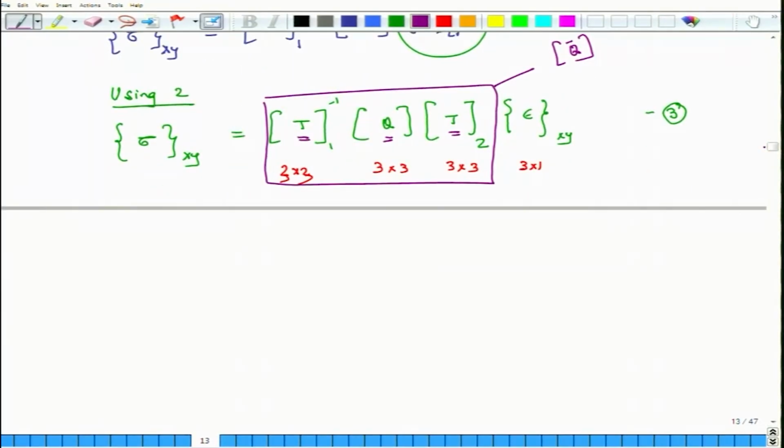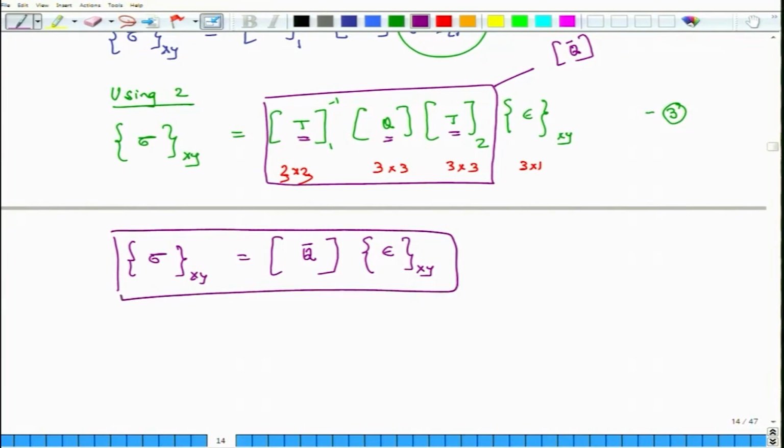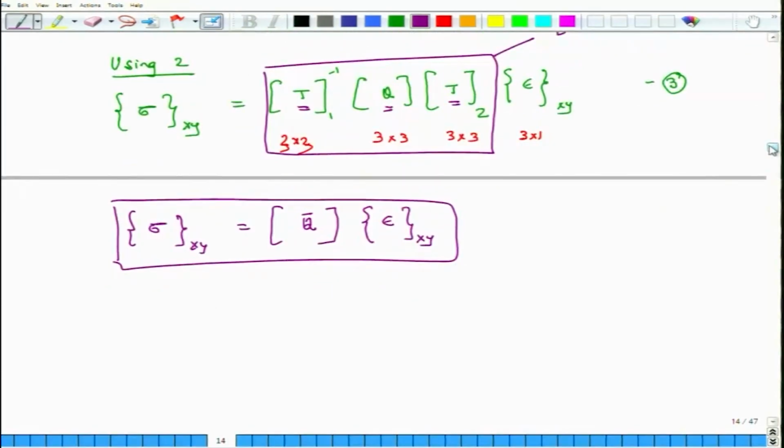So, I can say that sigma in the xy coordinate system is nothing but a Q bar matrix times strain as measured in xy system. Okay. And what is Q bar? To explicitly define Q bar matrix. So, Q bar and Q are not same.